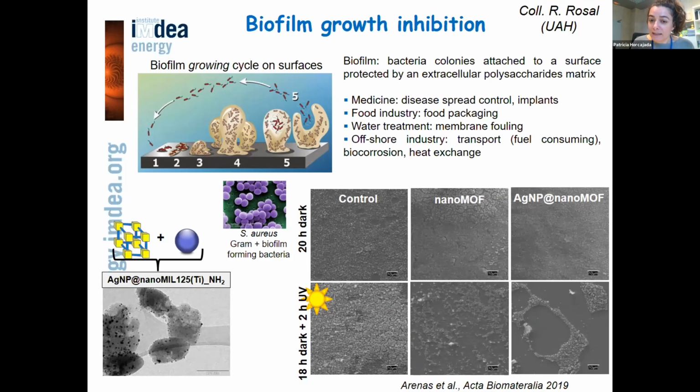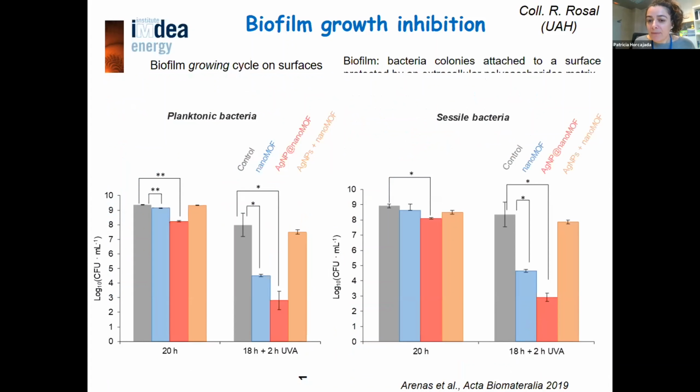You can see that under irradiation, both the MOF and the composite seem able to avoid the biofilm formation. Even further, if we check the viability of the bacteria at the free state, the planktonic bacteria, and those attached to the surface, we can observe that the MOF and the composite present both anti-fouling and antibacterial effects, improved upon irradiation.